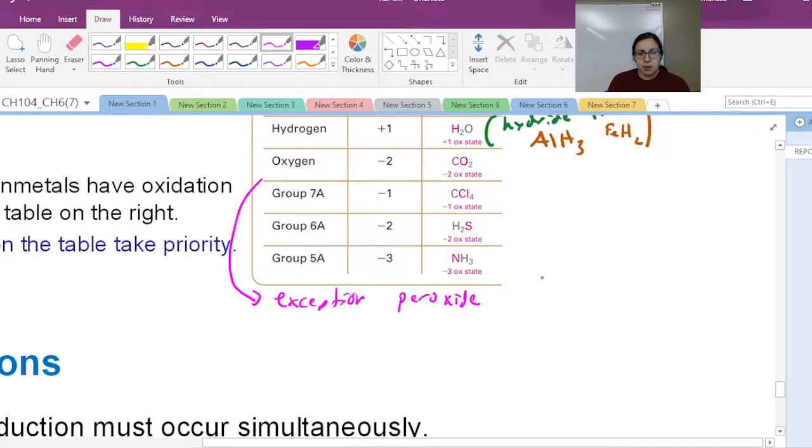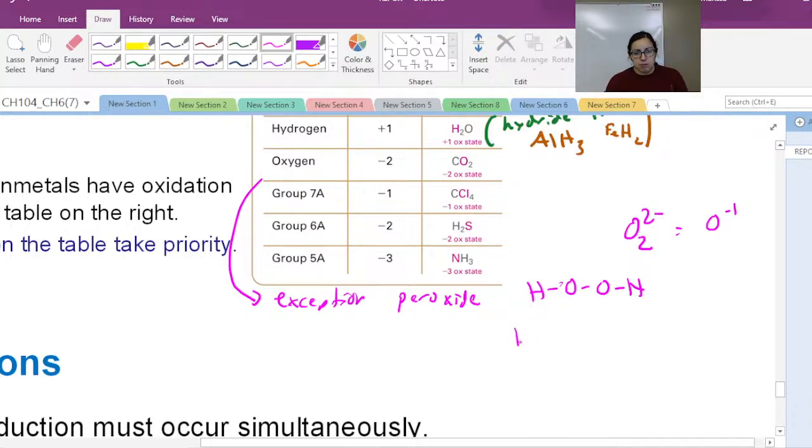Let's start with our known peroxide, hydrogen peroxide. Basically a peroxide has this O2 2-, such that each individual oxygen is -1. So that's a peroxide definition.